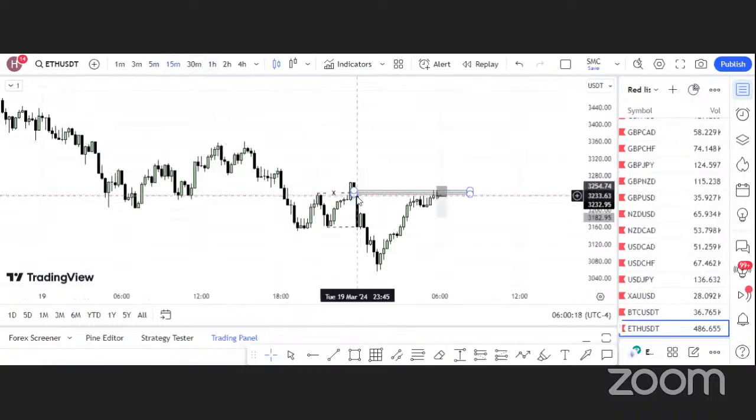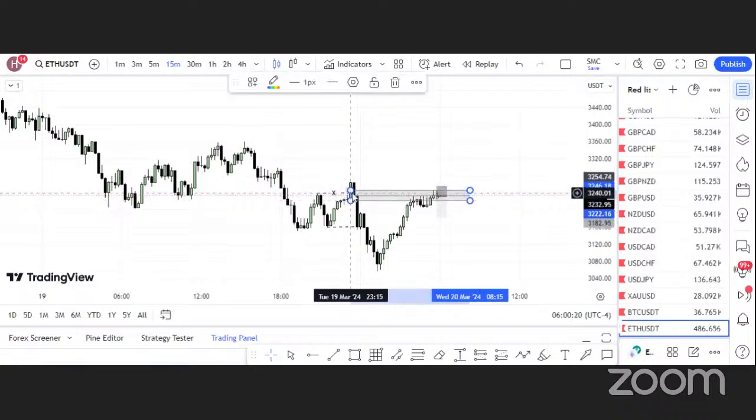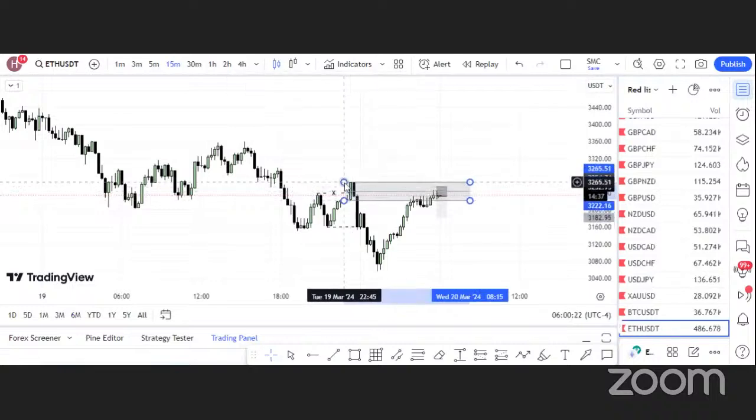I'm not comfortable with the rejection pattern we got on the lower time frame.